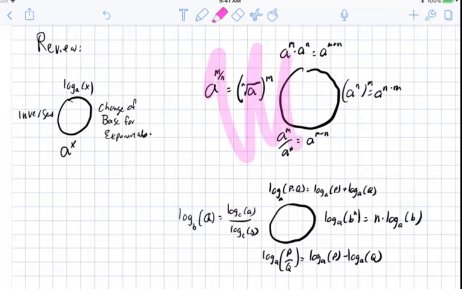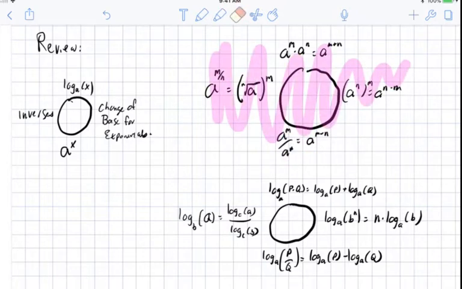These algebraic properties of exponentials come from reasoning. We argued for why they are the way they are. We argued that this has got to be true. We argued that this has got to be true. We extended to negative exponents so that that one was true, right? So all of the different algebraic properties of exponentials come from direct reasoning about how exponentials should work consistently.